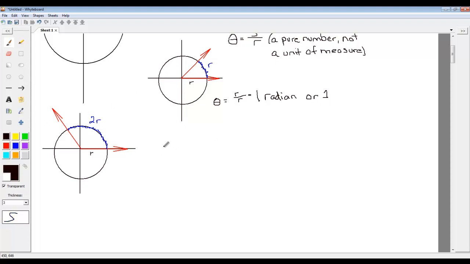Well, in that case, figuring out the radian measure, it's the ratio of the intercepted arc length to the radius of the circle. So you end up with 2. So 2, you can just leave it blank, or you could say 2 radians.